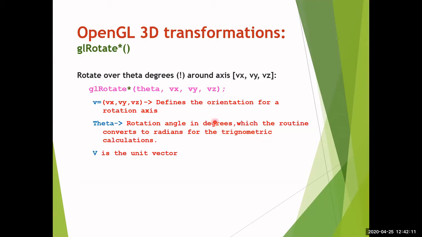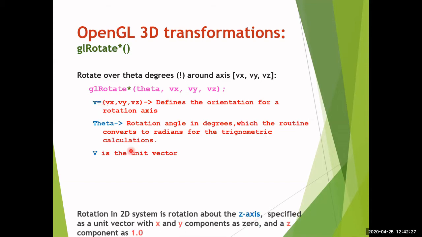It will be in the form of degrees, but automatically we have an inbuilt routine or function which converts the degree to radian for any kind of trigonometric calculations. Vector V, I call it a unit vector. We assume it as a unit vector.